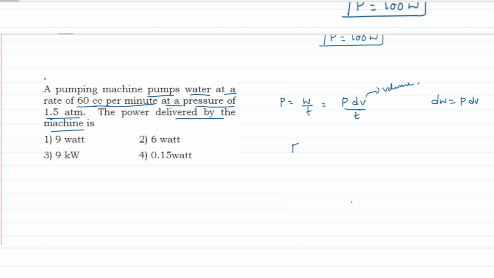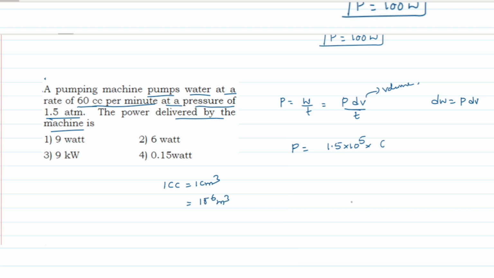Here power will be equal to, so this pressure is given as 1.5 atmosphere. It's 1.5 into 1 atmosphere, which equals 10 power 5 Pascal, into the volume you are pumping at 60 cc, cubic centimeter. So 1 centimeter cube will be equal to 10 power minus 6 meter cube.